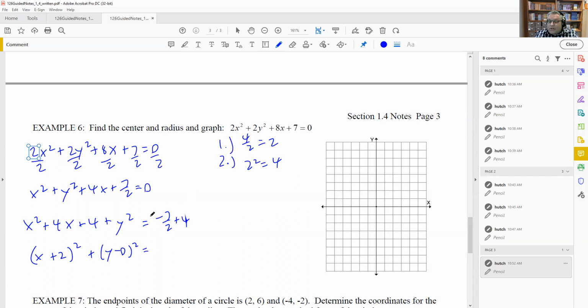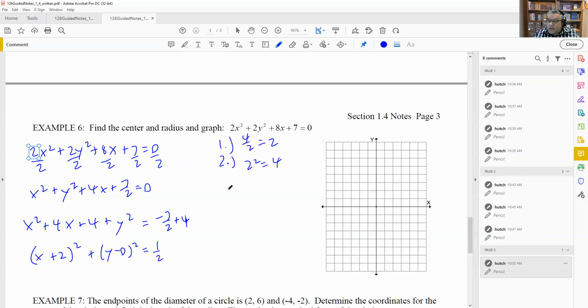So -7/4, you can write this as 8, -7/2, the same thing as 8/2. So if I have -7/2 plus 8/2, I'm going to get 1/2 as the answer, or you can just do that in your calculator to combine that together.